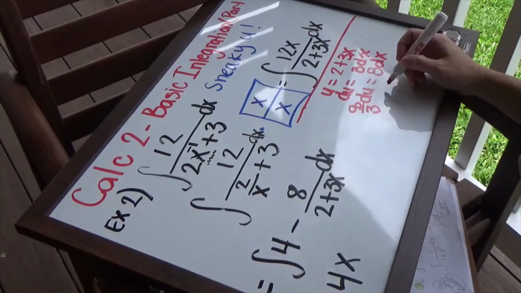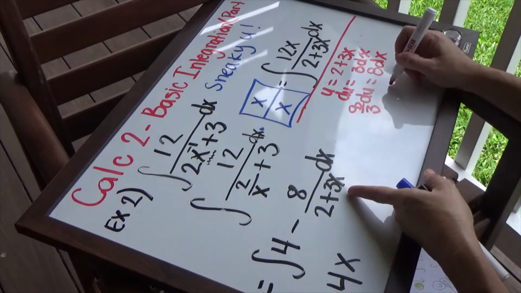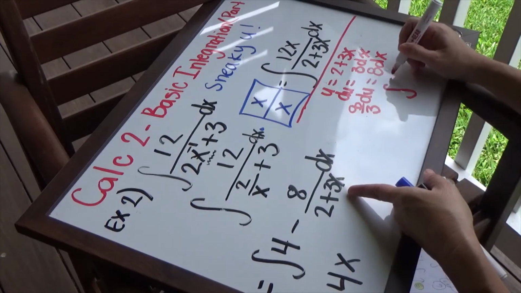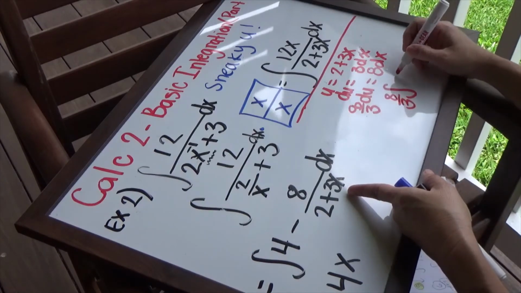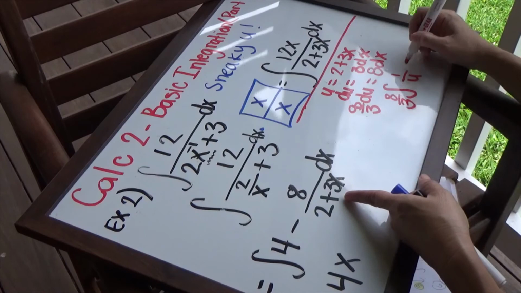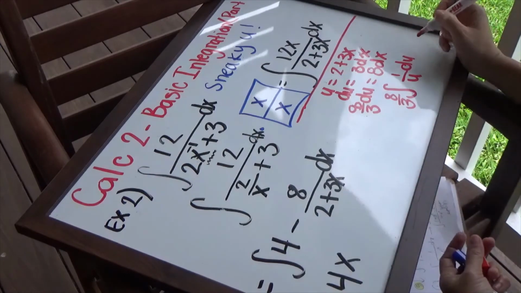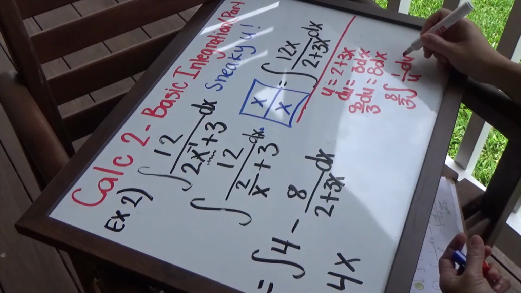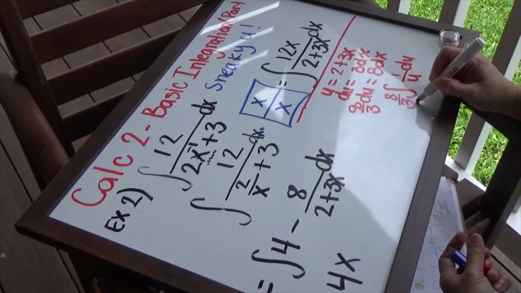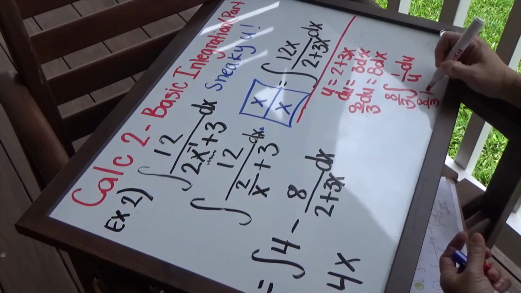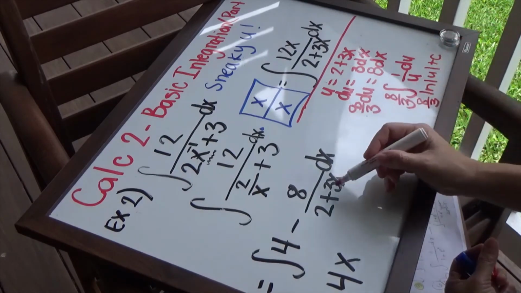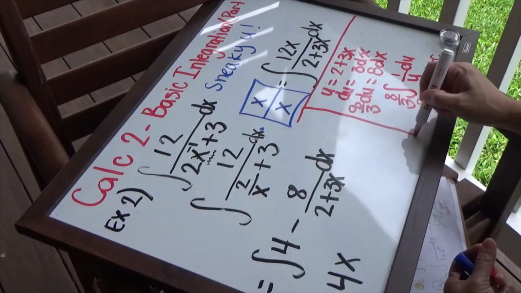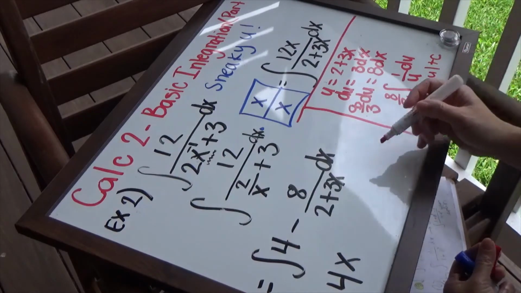So now that second integral right here becomes the integral of 8/3 du. I'm going to put the constant in the front, and that would be 1 over u du. And again, the integral of 1 over u is ln of absolute value of u plus c. That's the u substitution for the second part.